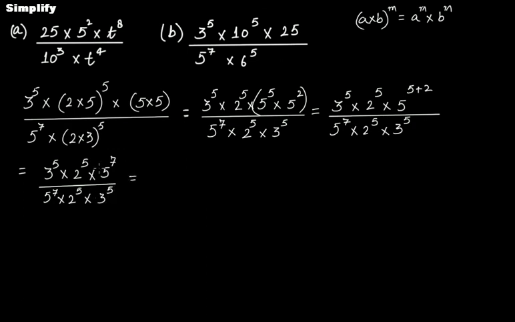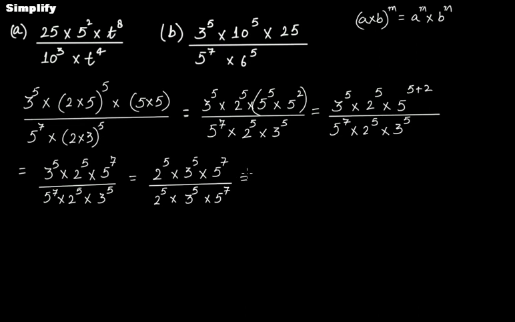Now I can write this as 2 to the 5th power times 3 to the 5th power times 5 to the 7th power in increasing order, like 2, 3 and then 5.